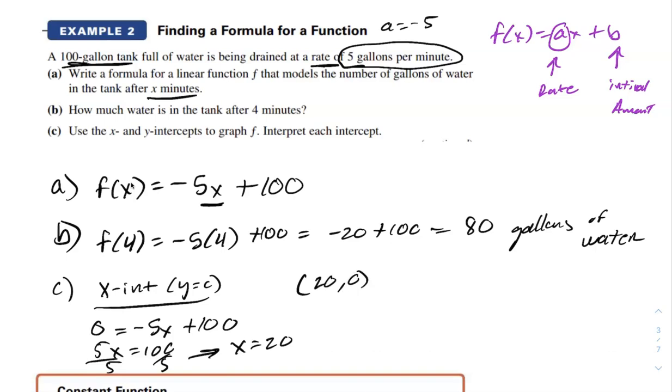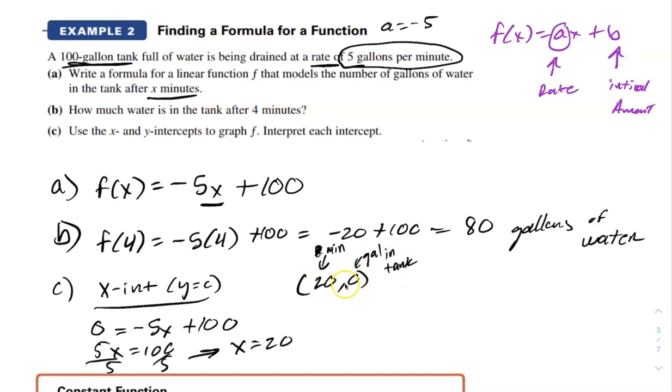Now before we move on to the y-intercept, let's interpret each intercept. So what does this mean? Well, let's keep in mind what each thing means. This is 20, this is minutes. This is gallons in the tank. Right? X is our minutes. F is the number of gallons of water in the tank. So what does this mean?